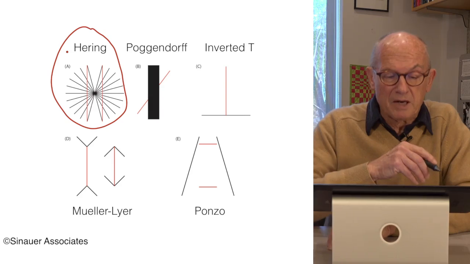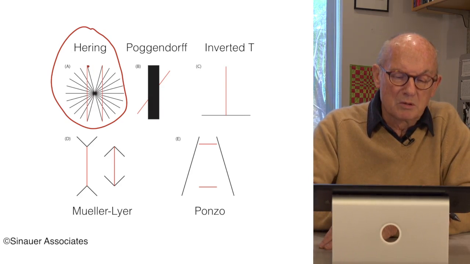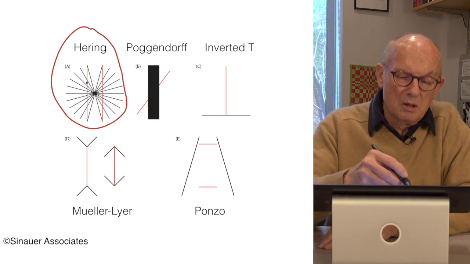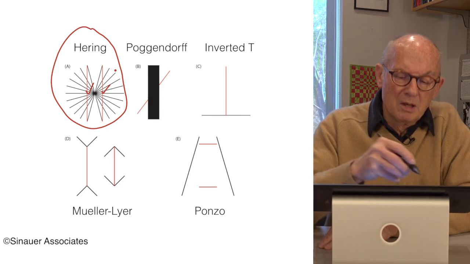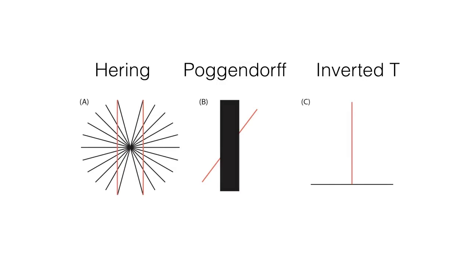This effect is named after him, and what he demonstrated was that when you put two lines, these two red lines, against a background of radiating lines, the two red lines are physically parallel, but when you see them against this background, Hering showed, they look a little bit bowed out in the middle of the lines, and I think you can see that pretty clearly.